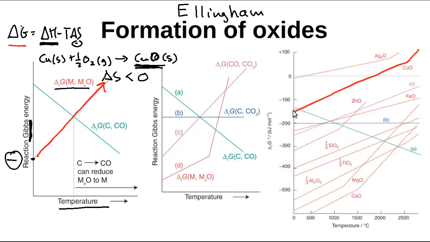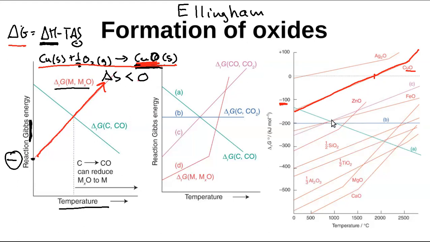You see here that at low temperature, copper oxide is stable. It has a negative delta G of formation. But the higher the temperature, at some temperature it goes above 0. So just for the case of copper oxide, don't heat this one too much, then it will disintegrate.